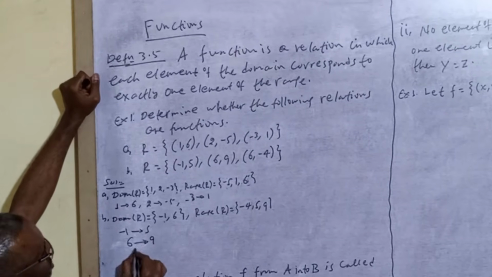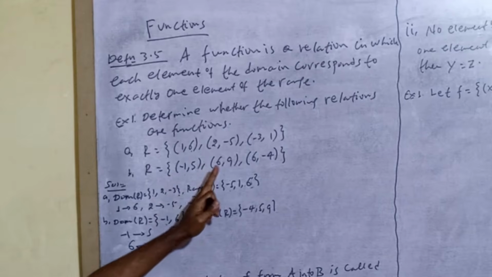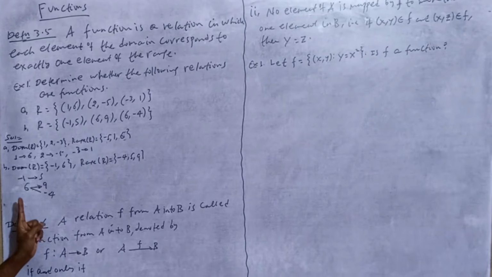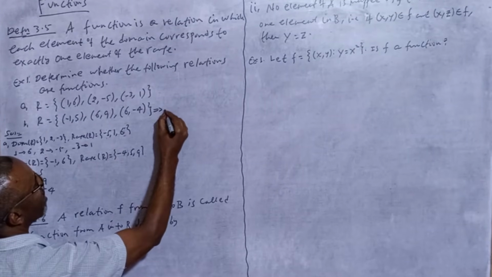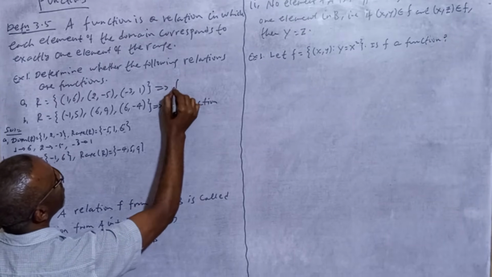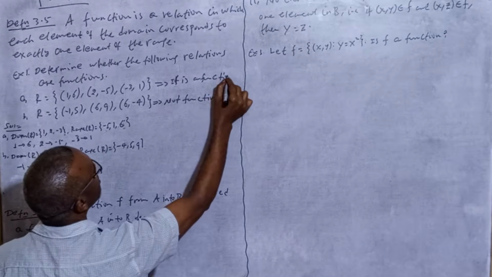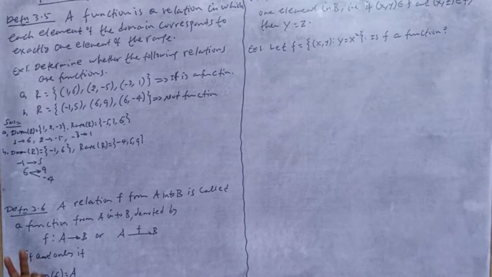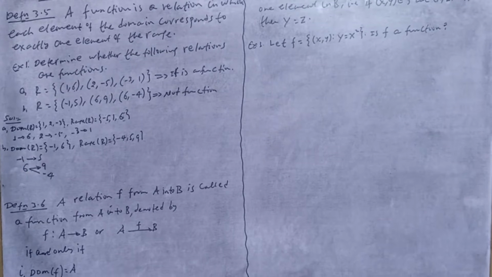6 corresponds to 9 and to -4, and 6 is in the domain of r. Since one domain element corresponds to two range elements, b is not a function. This one, however, is a function, because in it each element corresponds to exactly one: 1 to 6, 2 to -5, -3 to 1.